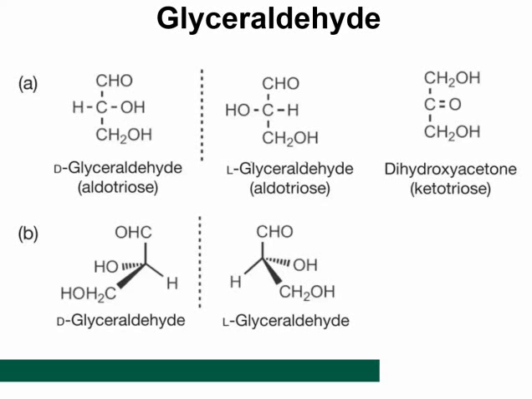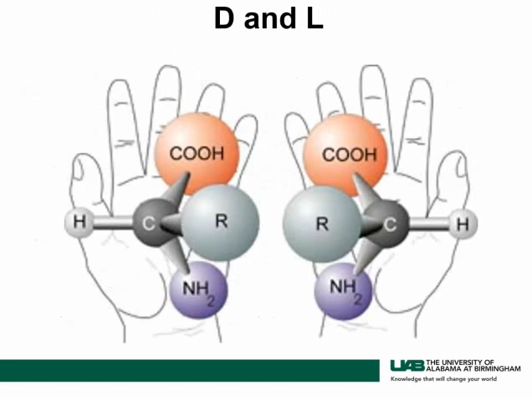If it rotates plane polarized light to the right, it is a D. If it rotates plane polarized light to the left, it is an L. And this is just the D and L designation.